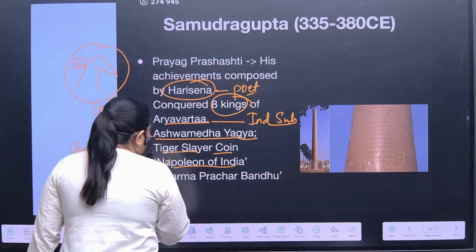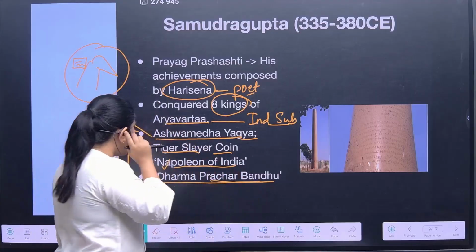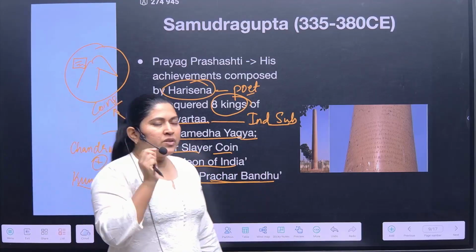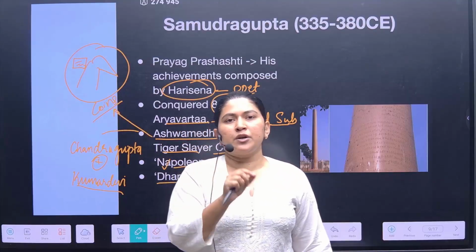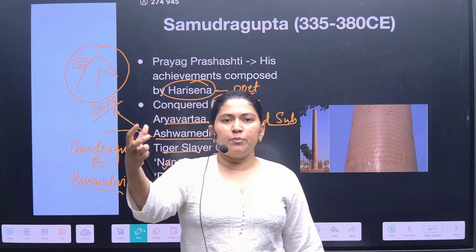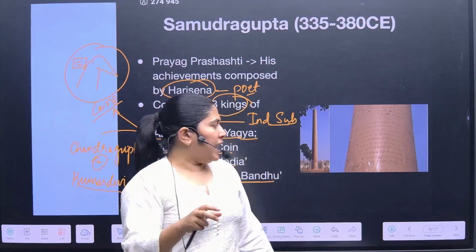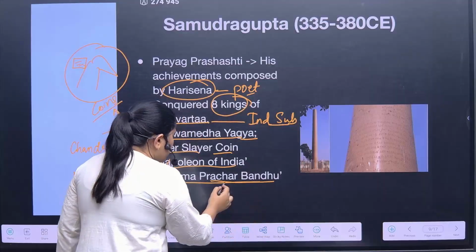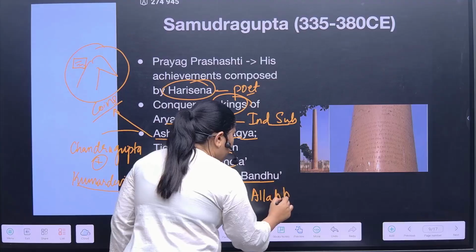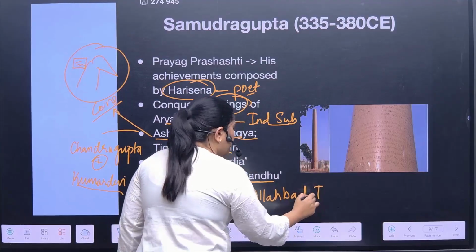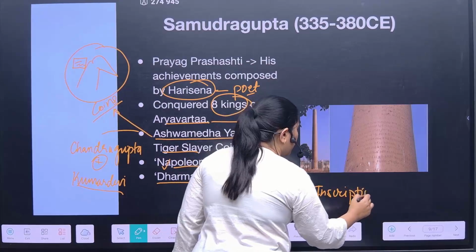After that, he was also known as Dharma Prachara Bandhu. Now what is meant by Dharma Prachara Bandhu? It means a person or a brother who preaches dharma in the society. And it was written on the Allahabad inscription, which was constructed during the Samudragupta period only.